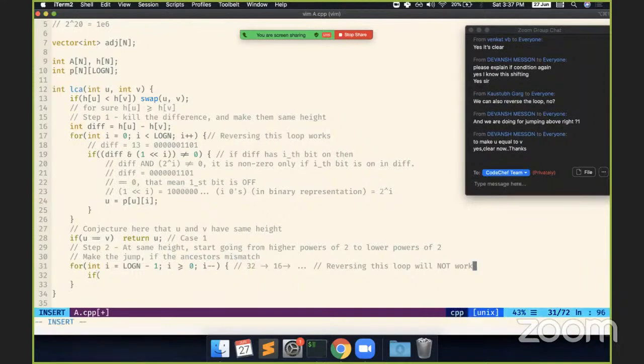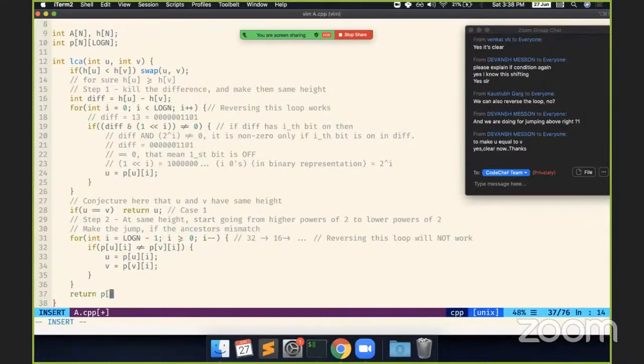So if P of U I is not equal to P of V I, then we make the jump. That's pretty much it. The second part is literally this.